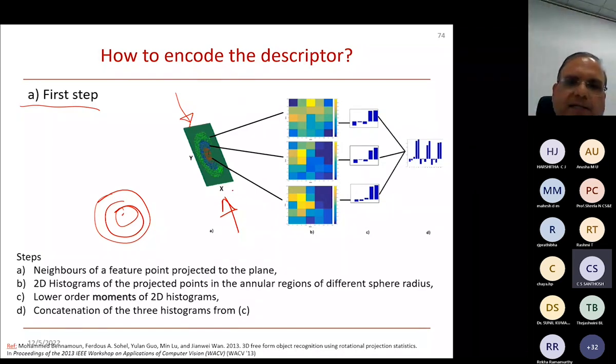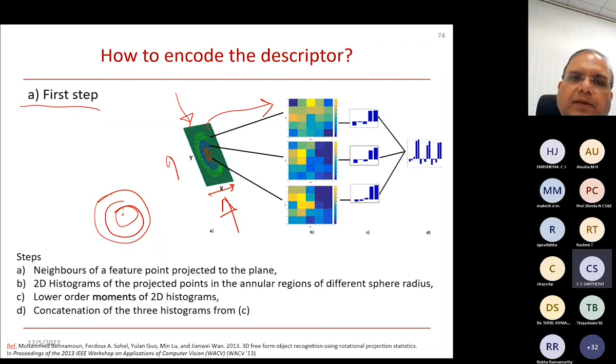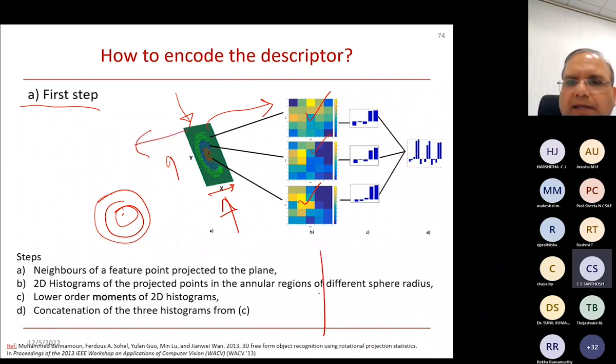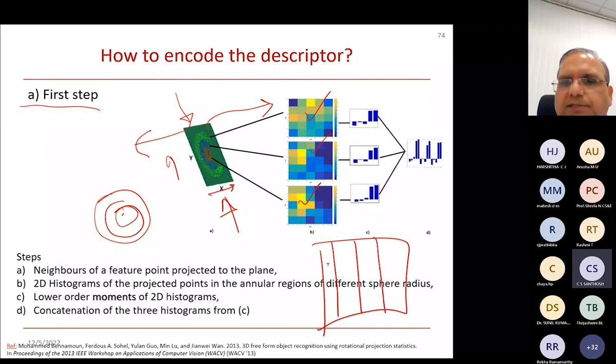If you consider this as your x plane and this as the y plane, then you can create a histogram out of the projection that you have here. These histograms show bins where every bin is identified by its x and y location. This is the xy plane, and it is divided into grids.